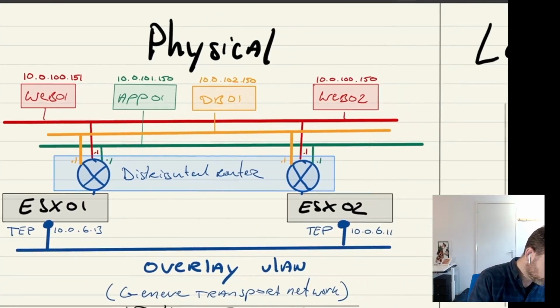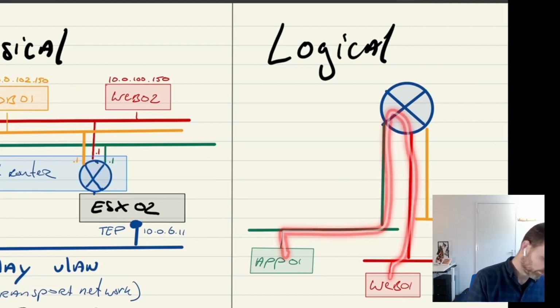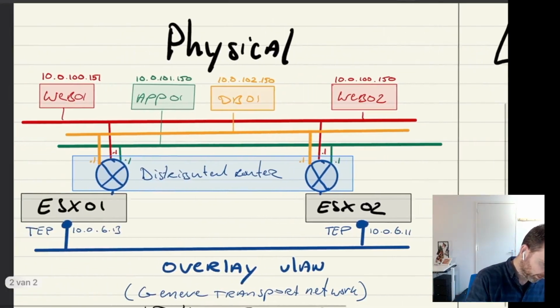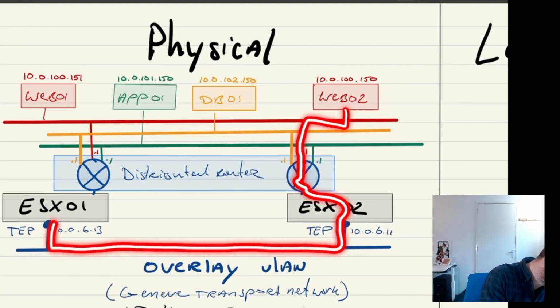So I'm now basically routing traffic from web01 to app01. And this means from a physical perspective that I'm not hitting a physical wire. I'm just routing here. Now, if I want to do the same ping test from web02 to app01, then I'm going to need to traverse the physical wire back up here to app01.